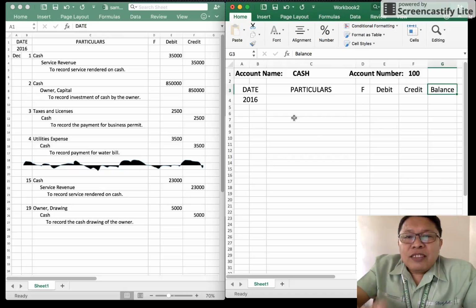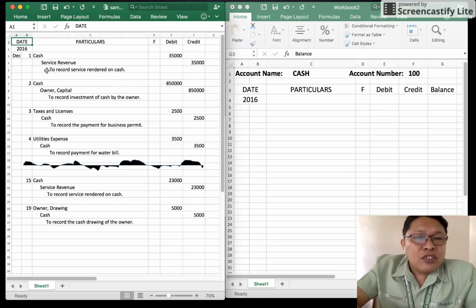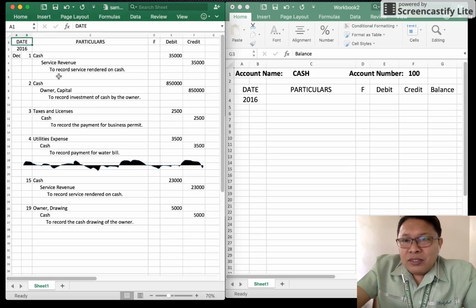Okay, so if this is what we will be using as our ledger for cash, then we need to use another file. Let's say this is the transaction of a certain business recorded in December 2016. These are some of the chosen transactions appearing in the general journal.